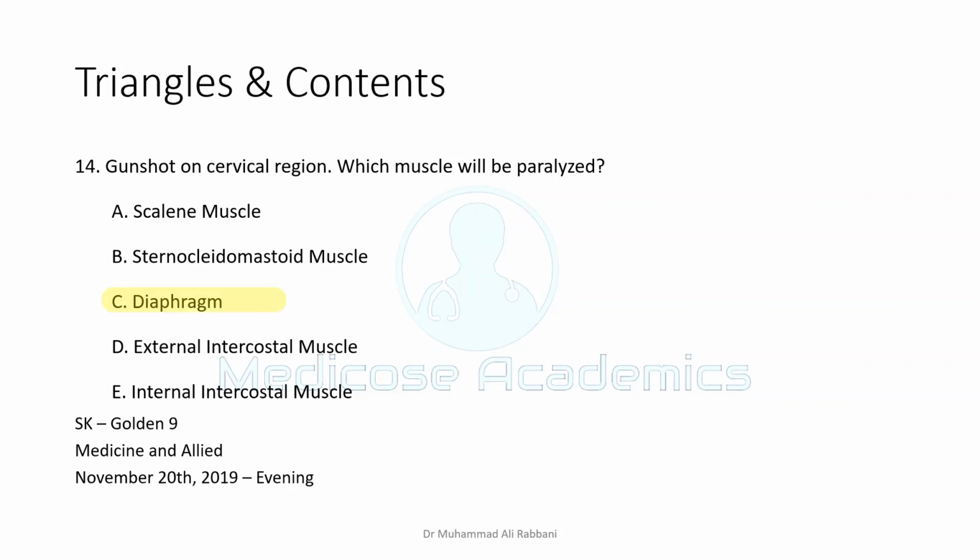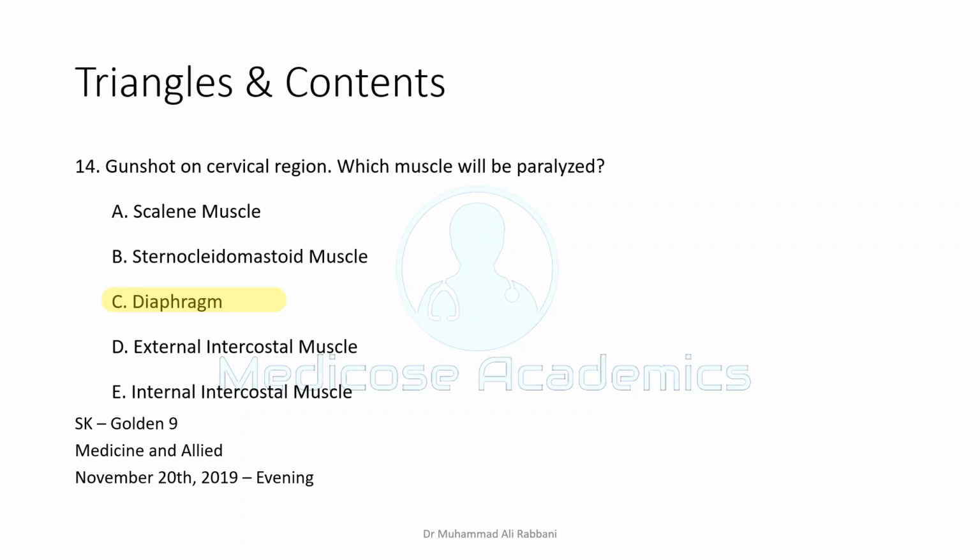There is phrenic nerve. If phrenic nerve in the cervical region is damaged, there is paralysis of the diaphragm. Now what happens is in the posterior triangle between the sternocleidomastoid and trapezius, this posterior triangle is traversed by accessory nerve. If in the posterior triangle there is a gunshot or a stab wound or even neck surgery, the nerve that is most likely to be damaged is accessory nerve, cranial nerve number 11, and that leads to the loss of trapezius.